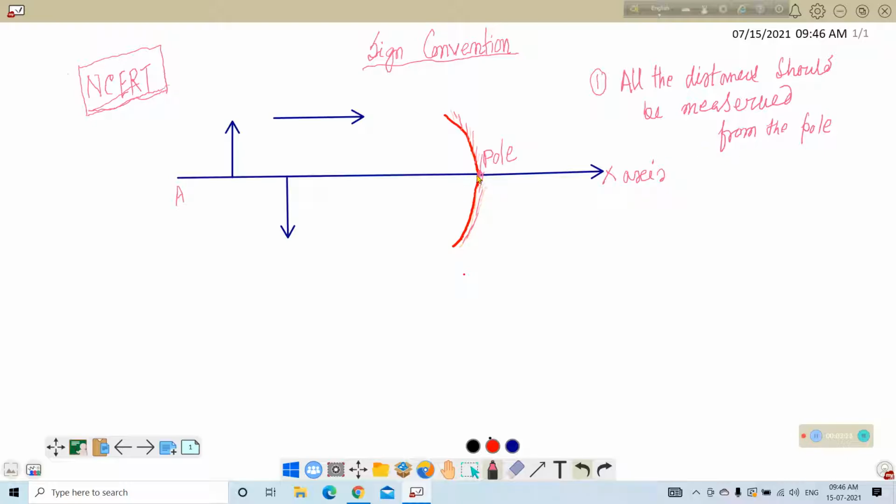In the case of a mirror, this will be the pole, and in the case of a lens, this will be the optic center of the lens.